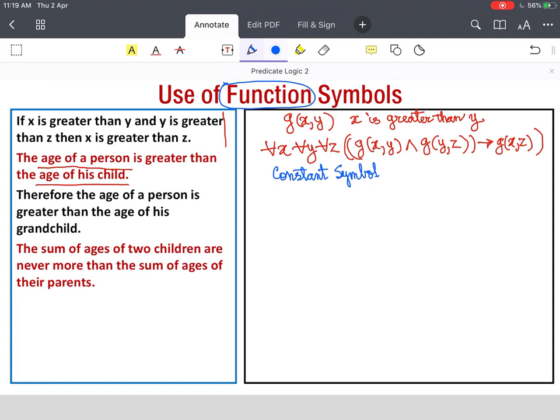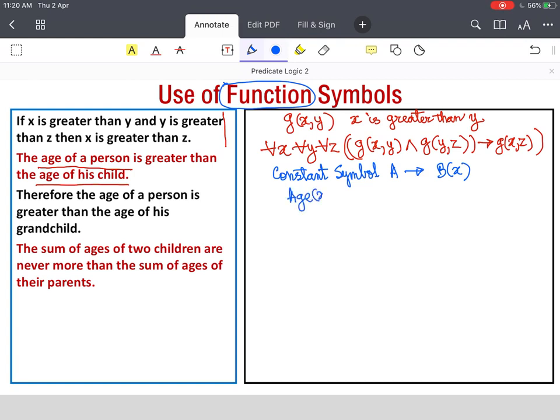Now, like a proposition moves to predicate logic, similarly, a constant symbol A can be generalized to use variables, to have a function f(x), where x is a variable.